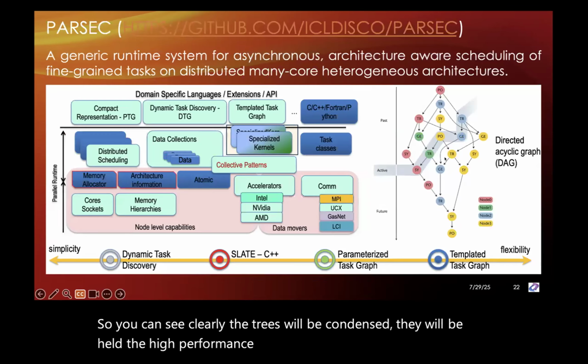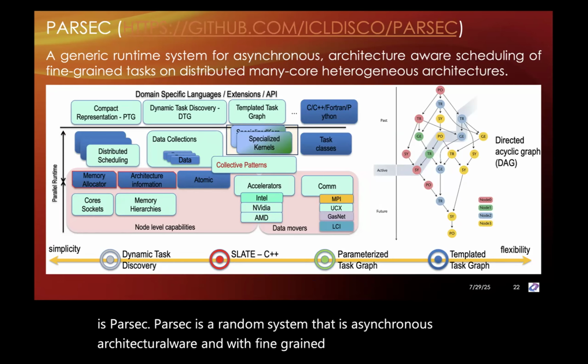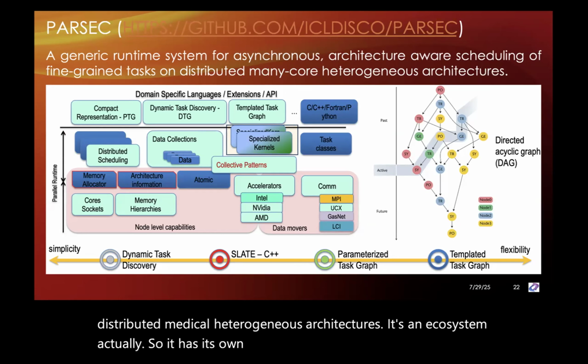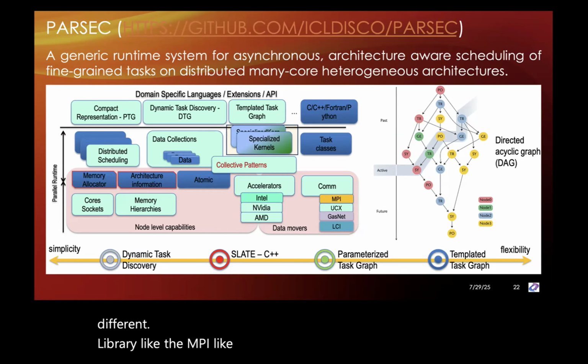So in these slides I talk about what PaRSEC is. PaRSEC is a runtime system that is asynchronous, architecture-aware, and with fine-grained tasks, and can run on distributed heterogeneous architectures. It's actually an ecosystem, with its own communication engines built on top of different communication libraries like MPI and GASNet, and its own device management.